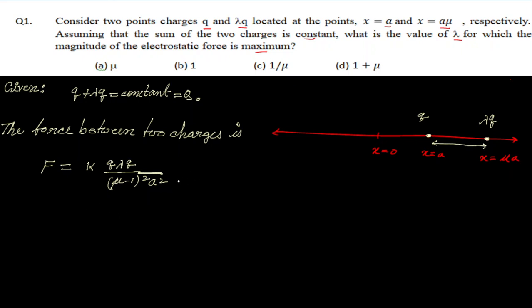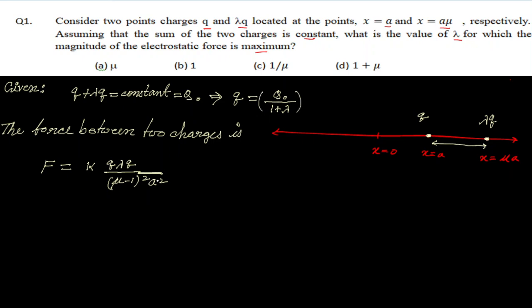Now it has been asked for what value of lambda this force will be maximum. But from the given condition, we can say that this small q is also a function of lambda. So let me first write q in terms of lambda. q will be the constant q naught divided by 1 plus lambda.